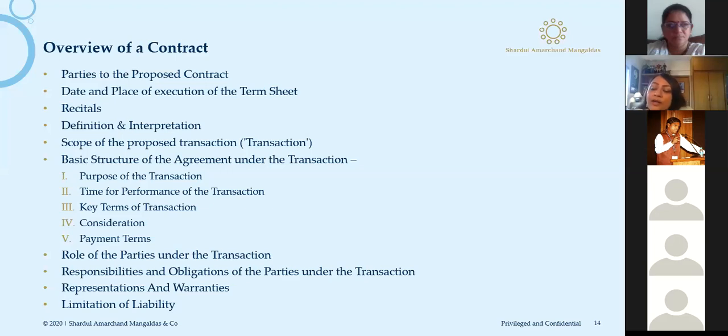A lot of times, you may even make certain people parties to a contract just as a confirming party. Why? Because it may happen that I am the owner of technology and I'm giving you a certain technology on license. In your agreement, there is a clause which says you may appoint third parties to do X, Y, and Z in respect of this license, but you will at all times remain responsible in that regard.